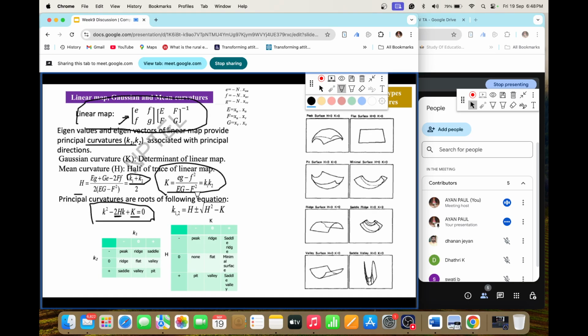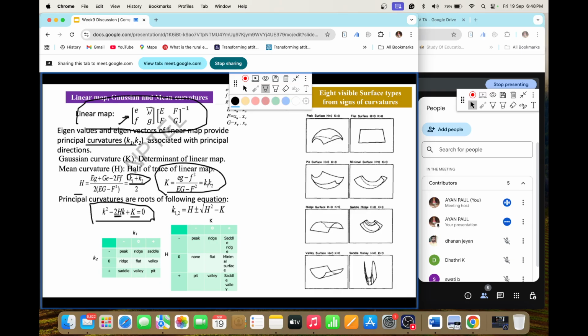So linear map is used because it gives us better visibility of the E and F values, and by this we get the K1 and K2 values. K1 and K2 are nothing but the eigenvalues of this matrix. Whenever we solve for the eigenvalues of this matrix, we will get K1 and K2.